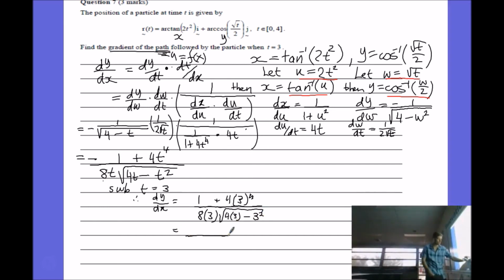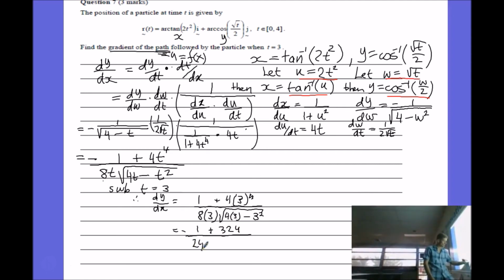Alright, so first we're just going to do one bit at a time. 3 to the power of 4: well, 3 squared is 9, and then 9 squared is 81. So we've got 1 plus 4 lots of 81. Timesing by 4 is like doubling and then doubling again. So if we double 81, we get 162, double that again, 324, plus that one more, which is 325. Negative, by the way.